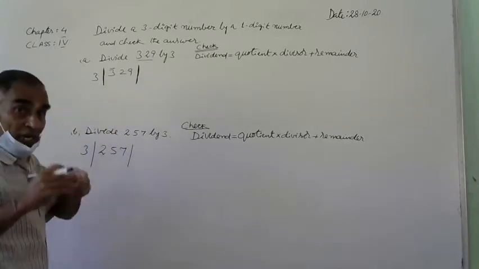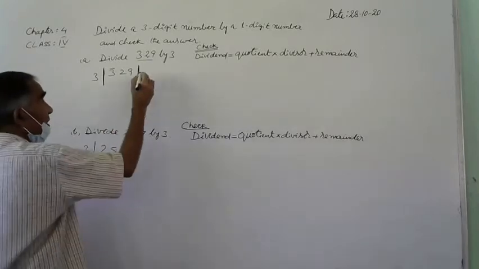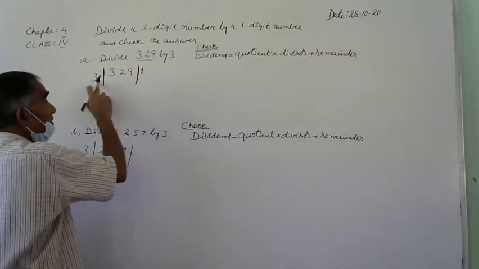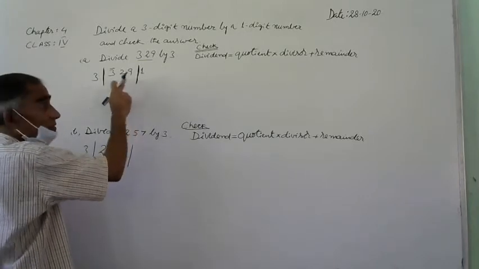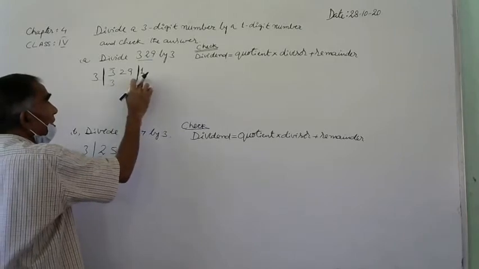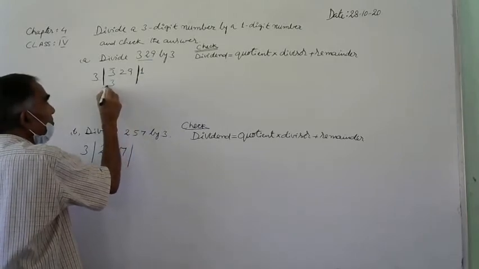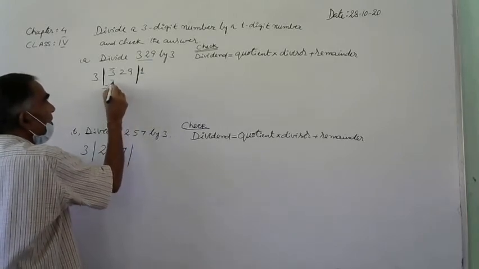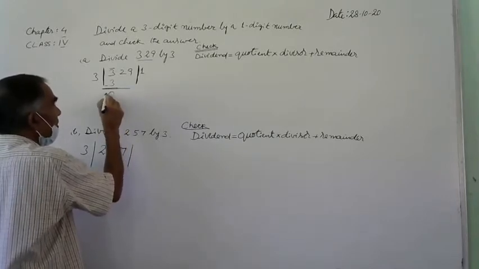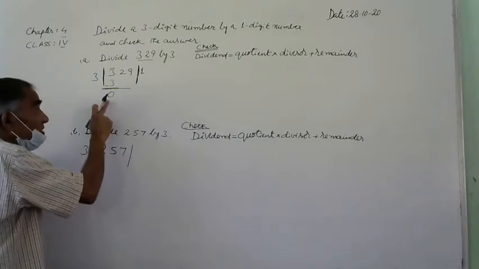Recite the 3 table: 3 ones are 3. You write 3 below this 3 and subtract. 3 minus 3 is 0. This is called the remainder.